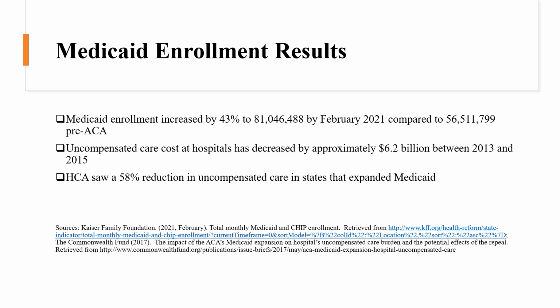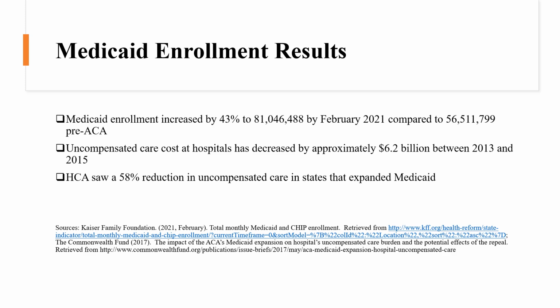But looking at HCA, this greatly benefited the for-profit hospitals as well. HCA has a lot of hospitals in places like Florida and Texas, but they're also in states that did expand, and they saw about a 58% reduction in uncompensated care.